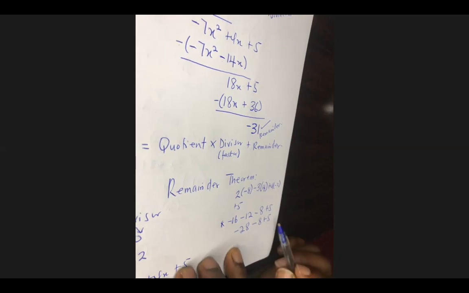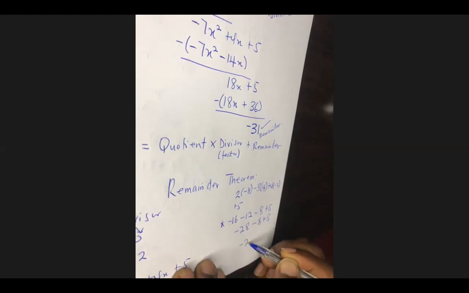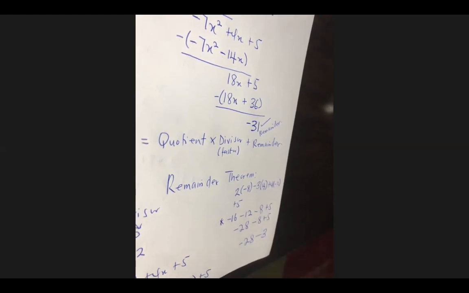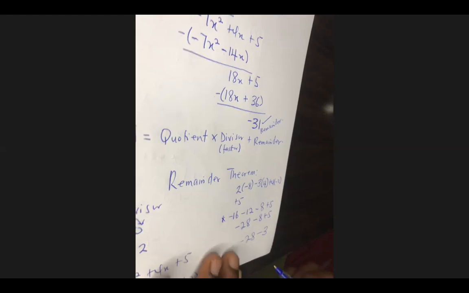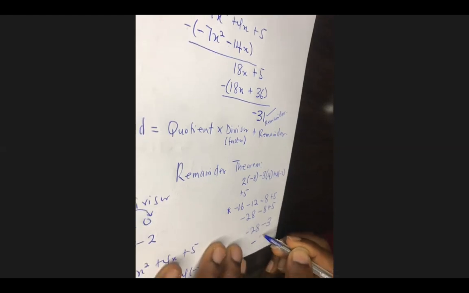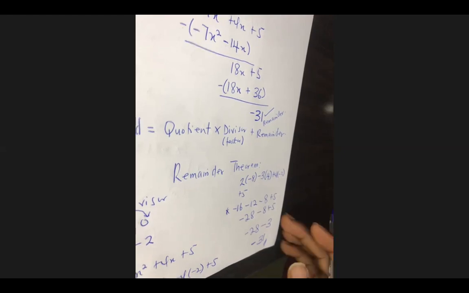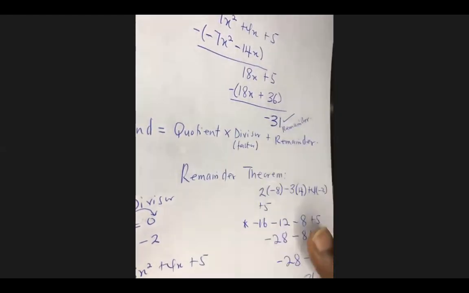So here, now, negative 8 plus 5 is negative 3. Very, very simple. So I have negative 28 minus 3. Now, negative 28 and negative 3 is going to give me negative 31. Which is the same remainder when we went through the long division.